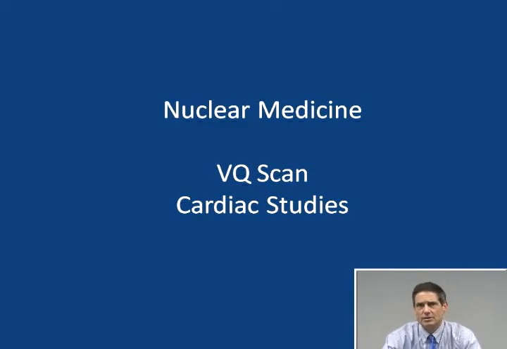Nuclear medicine studies also include infarct avid imaging, but those aren't done much anymore. That test has been largely supplanted by serial enzyme evaluations. And also myocardial perfusion studies. You can perform those at the time of a supposed cardiac event in equivocal cases, but that's not really the most common way that those studies are used.